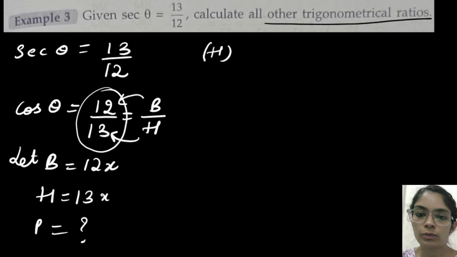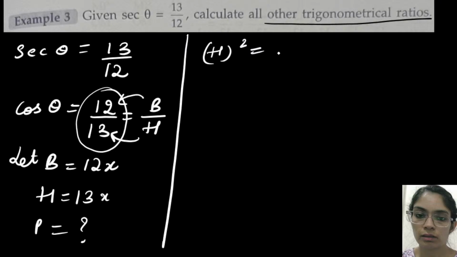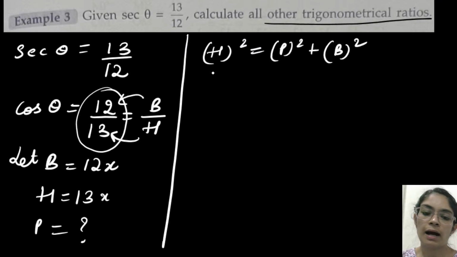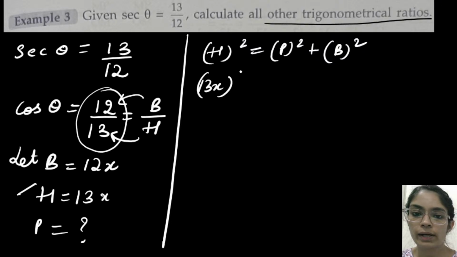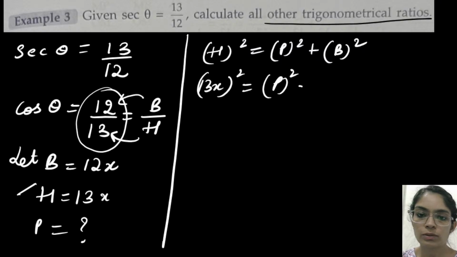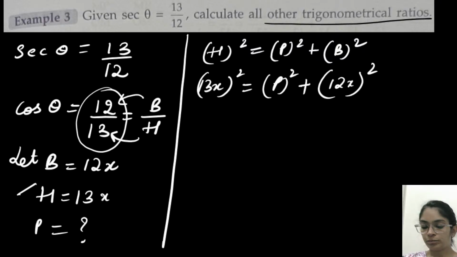So hypotenuse square is equal to perpendicular square plus base square. Hypotenuse is 13x here, so 13x whole square is equal to p square, where p we have to find, plus base 12x whole square. Praveen has answered, even Tarunya, many of you have answered.